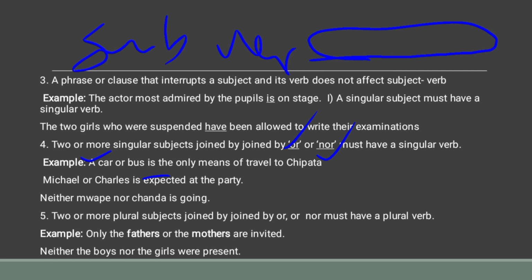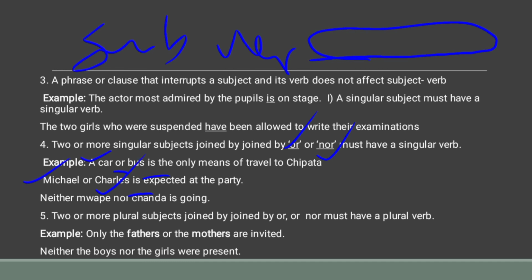No. Because you have used or to join singular subjects, so you use a singular verb. Michael or Charles is expected at the party. Michael or Charles, you use is because Michael is singular, Charles is singular.